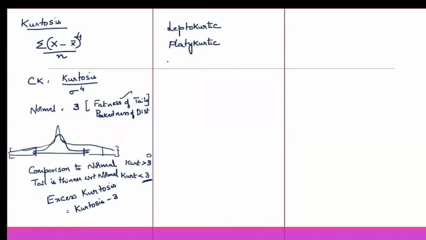So both of them taken together, the skewness and the kurtosis, there is one test called the Jarque-Bera test.